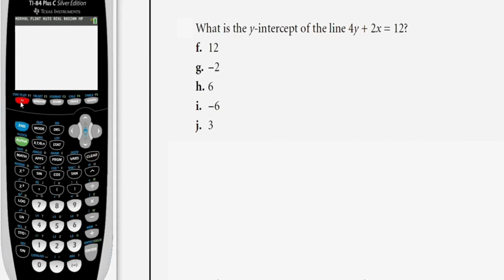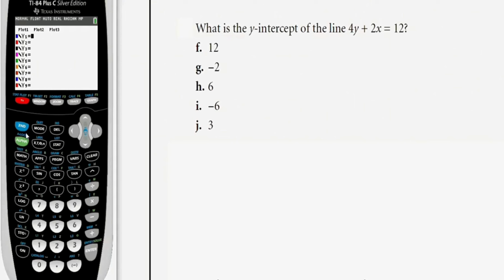Make use of this y equal to button. So there are two ways you can do this. Alright, you can choose to break down the 4, or you can choose to solve it using 4 as a LCM. Okay, so either way will be correct. So let's solve it with 4 as the LCM.